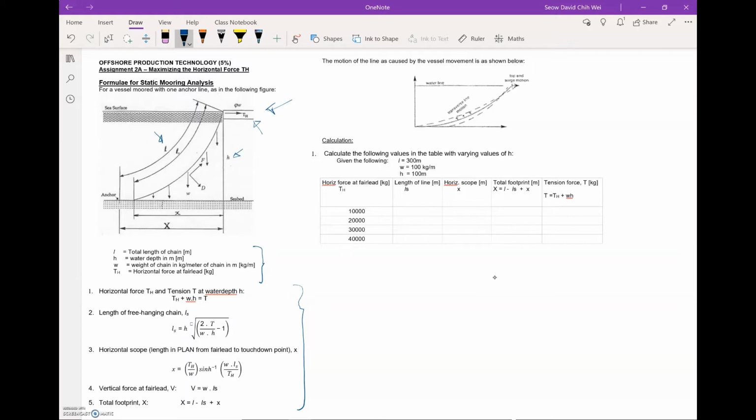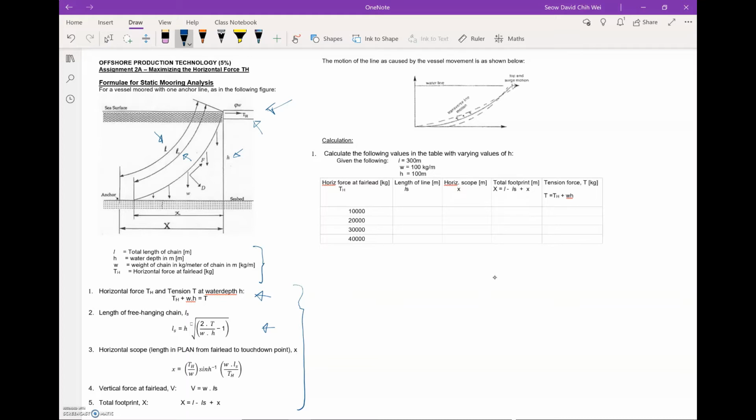If we look at the first equation, horizontal force and the tension along the rope, this will help us determine the tension on the rope, which in this case is not given. Second equation, the length of the free hang chain, which is LS over here, is given by this formula.